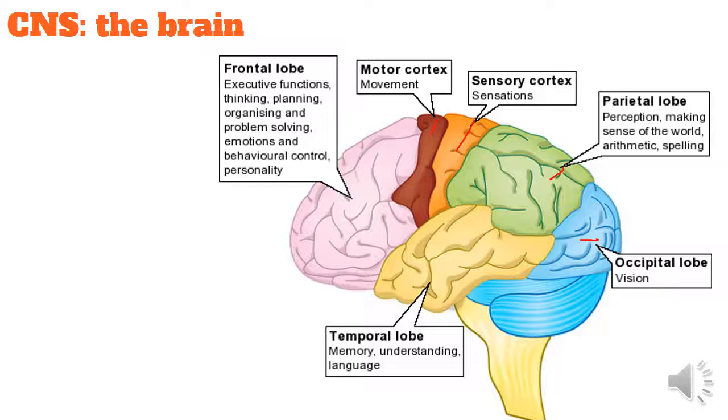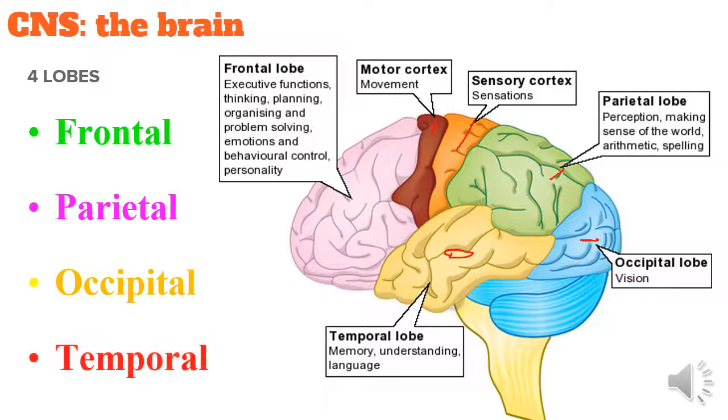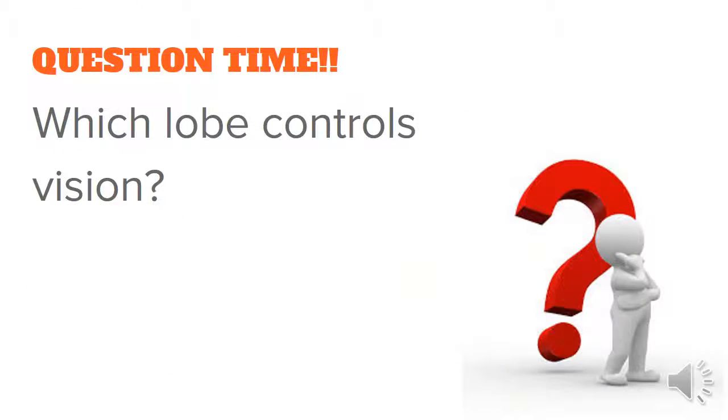And then your temporal lobe is for memory, understanding, and language. So, which lobe controls vision? Hopefully you said occipital.